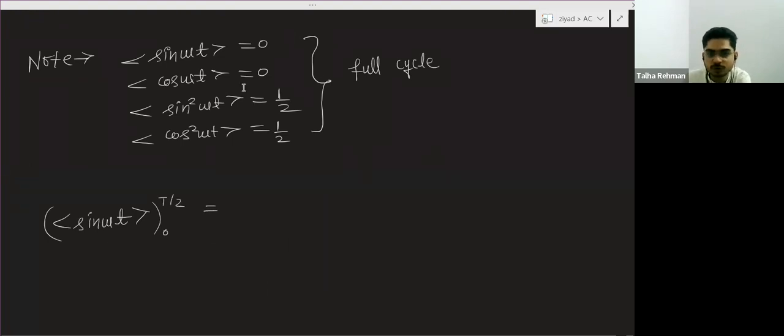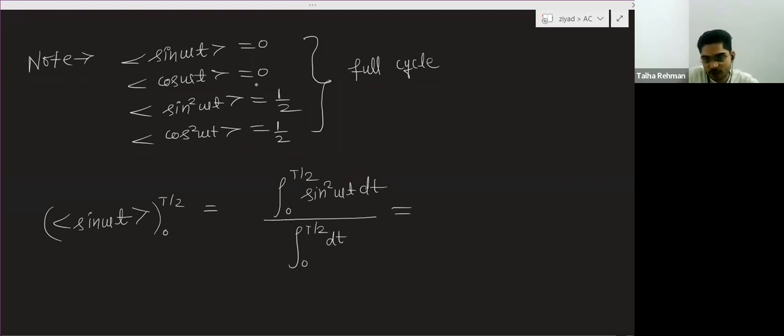You don't know the value directly, so you have to calculate it by integration from 0 to T by 2 of sine square omega t into dt. Then you will get some answer.